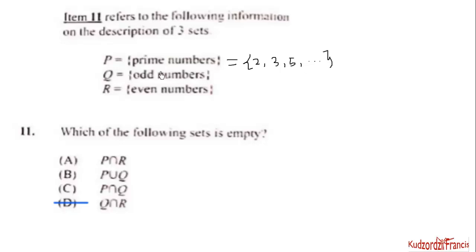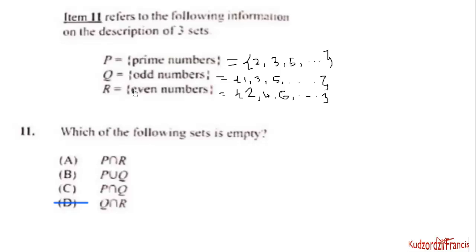Then we also have the odd numbers, which start from 1, then we have 3, 5, and so on. Then we also have the even numbers. You can start from 0 or 2, so 2, 4, 6, and so on. So this is enough for us to answer this question.